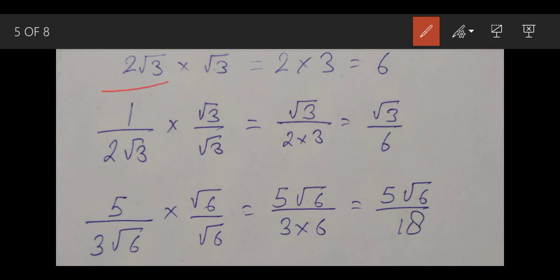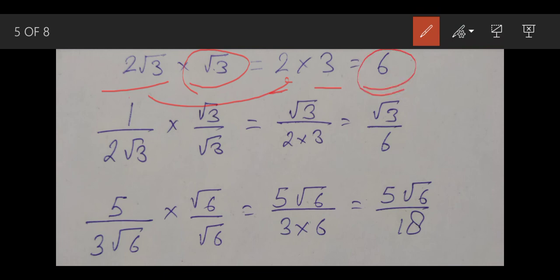For 2 root 3, how can we rationalize it? Here 2 is a rational number. Root 3 is irrational. On multiplication, we get 2 root 3 is irrational. So if we multiply this 2 root 3 by this root 3, we will get 2 root 3 into root 3, 3. 2 into 3, 6.